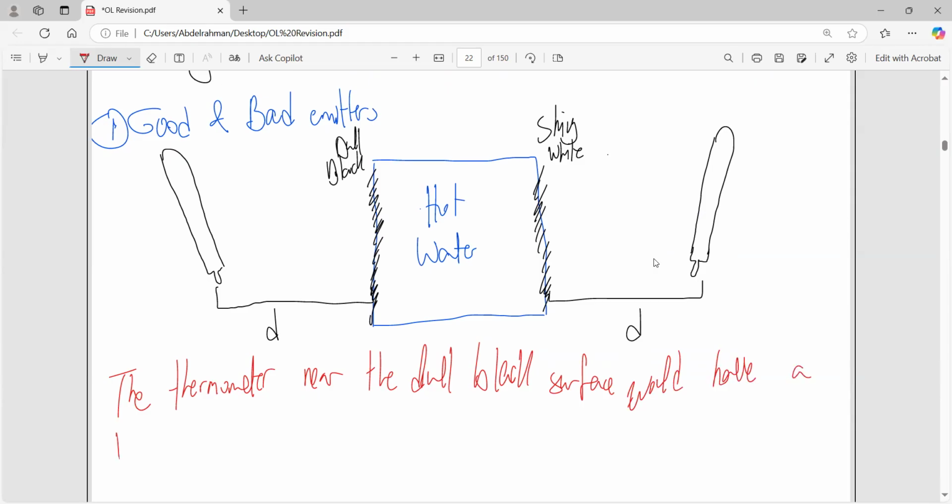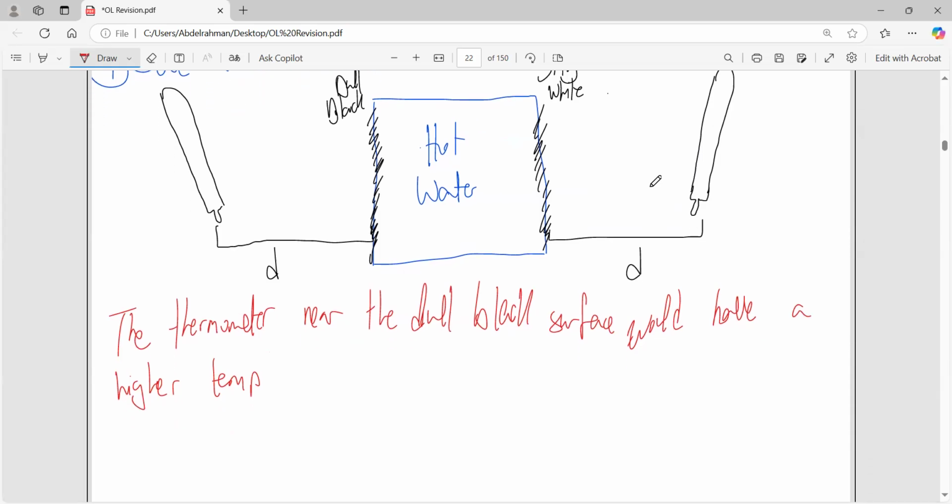Why would it have a higher temperature? If we leave them both, for example, for 5 minutes or whatever, the thermometer near the dull black surface would have a higher temperature.